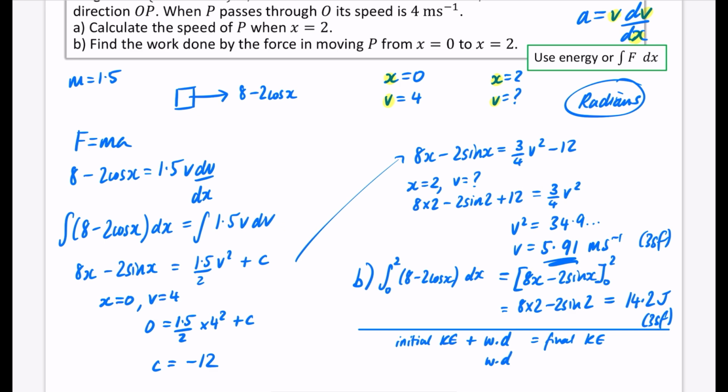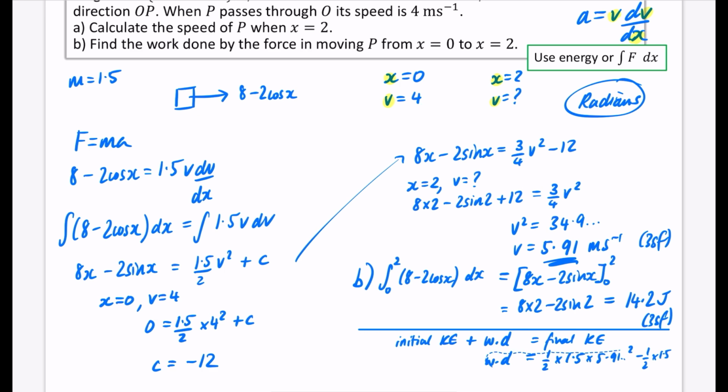So this means that the work done is going to be equal to the final kinetic energy, which is a half times the mass times that final speed squared, which was 5.911 squared, minus the initial, which is the half times the mass times the 4 squared. Am I going to fit this in? No, I'm not.